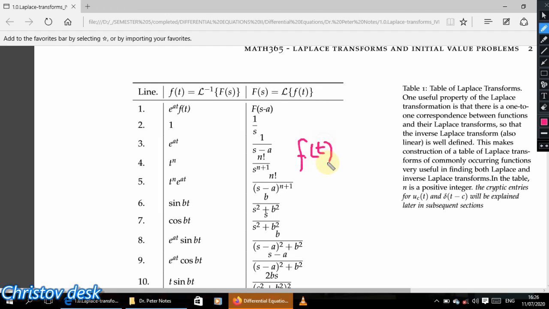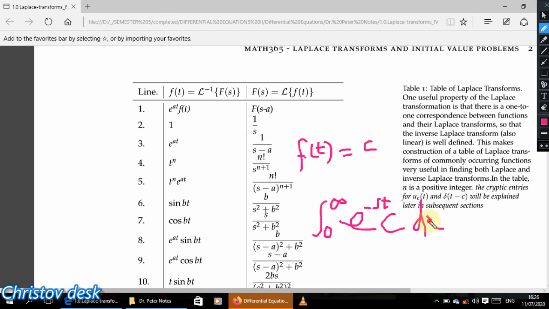just a constant, let's say a constant c, then the Laplace of this is the integral from 0 to infinity of e raised to the power minus st, and the function we are looking at is just c, dt.